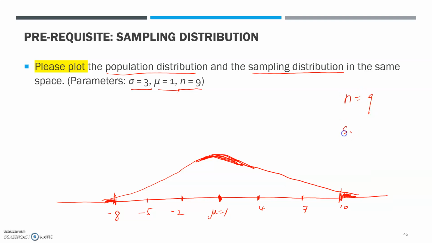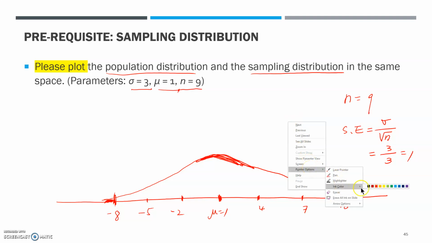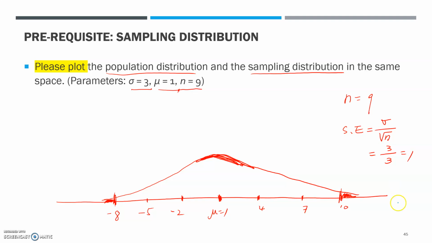That makes the standard error 3 over 3, which is 1. Okay, so the standard error is 1 in order to plot the sampling distribution of the average.